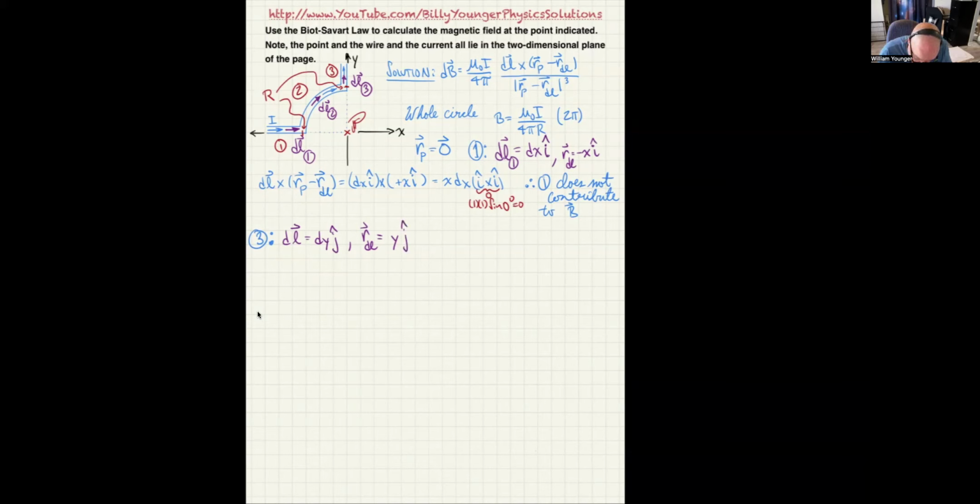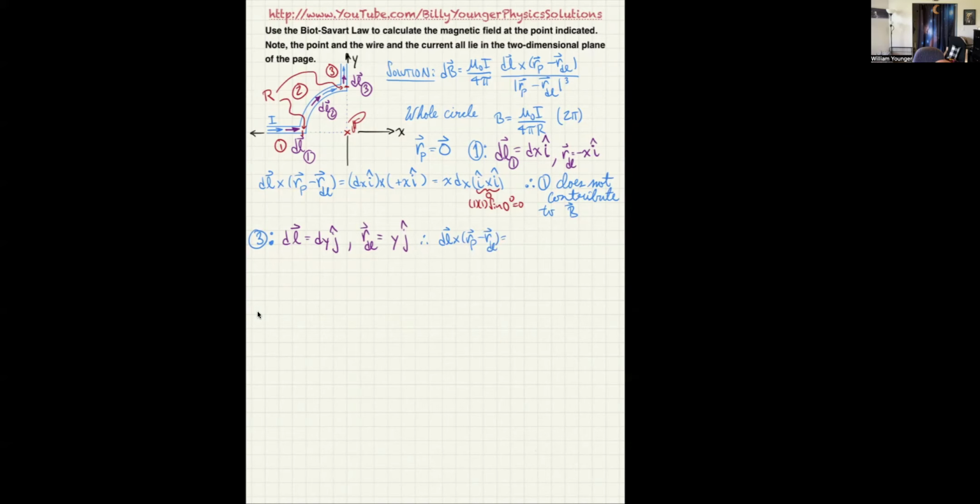Therefore, we can see that RP minus RDL is going to be, well, we'll do that in a second, but I'll go ahead and compute DL cross RP minus RDL.